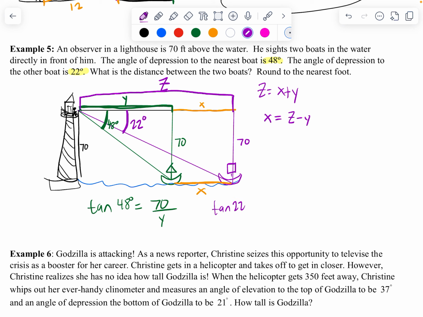Tangent of 22 degrees equals opposite over adjacent. All right, now I'm going to work a little faster to solve these just to save a little bit of time. When we get this, we get y equals 70 over tangent of 48 degrees. And then the other one, we get z equals 70 over tangent of 22 degrees.